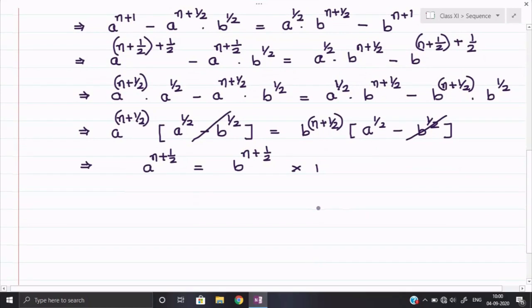Now observe in the right hand side b to the power (n+1)/2 is in multiplication, and a multiplication term if I bring onto the left hand side it comes in division, so it will be a to the power (n+1)/2 upon b to the power (n+1)/2 is equal to 1, that will remain.